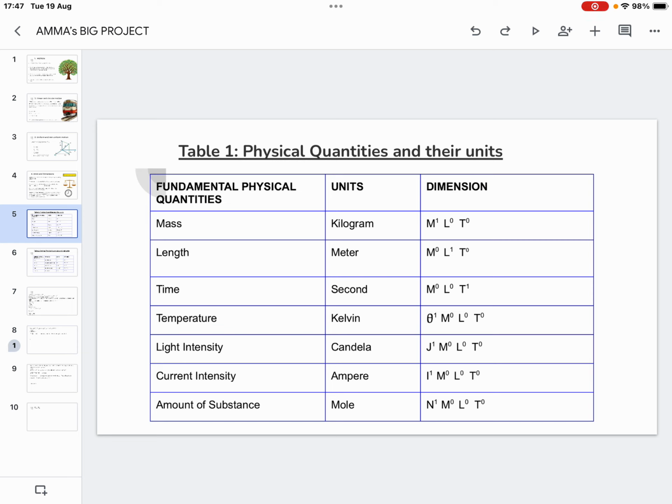Current intensity has a unit of ampere and its dimension is I1 M0 L0 T0. Amount of substance has the unit mole and its dimension is N1 M0 L0 T0.